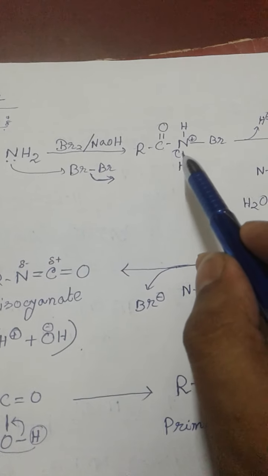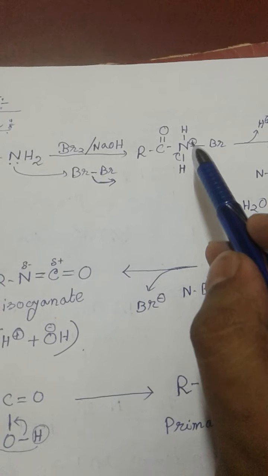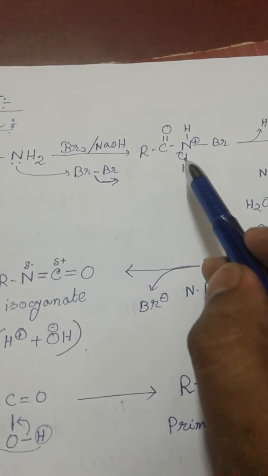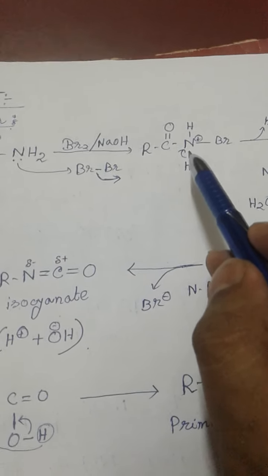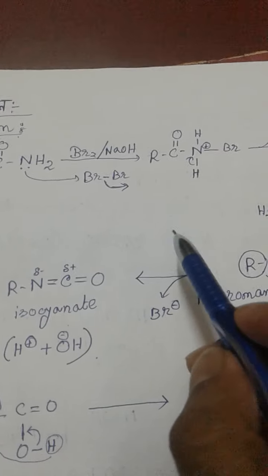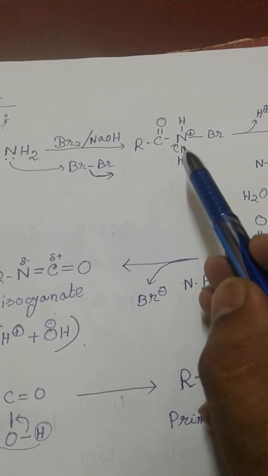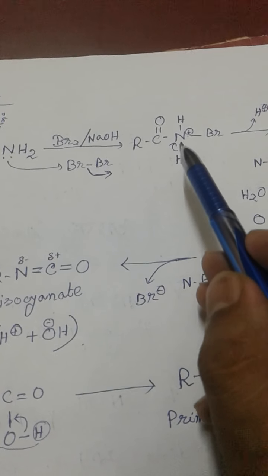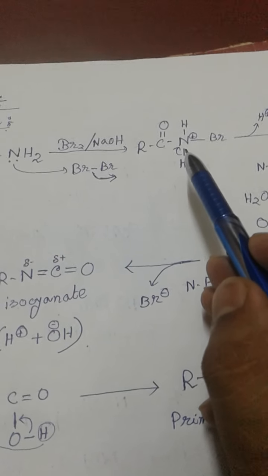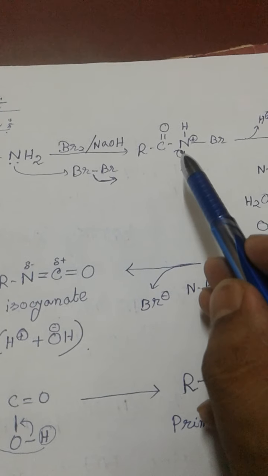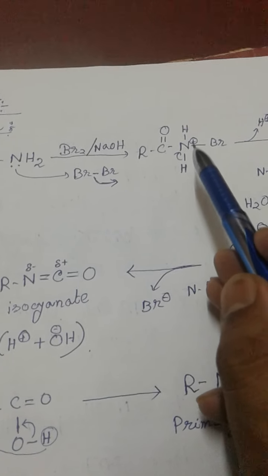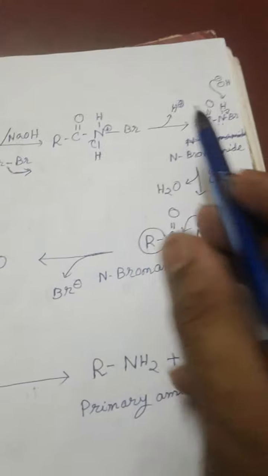In this case, nitrogen has one positive charge, so it wants to neutralize, and the electrons of the bond between N and H neutralize the N plus charge, and one H plus is eliminated.